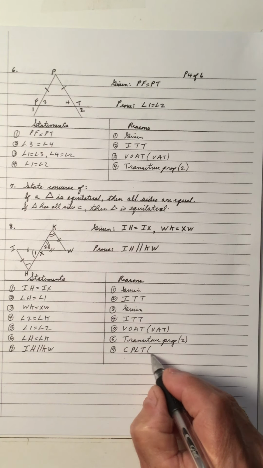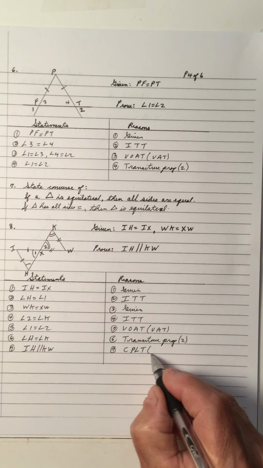So they're converse of PLT, so these two angles, H and K, are alternate interior angles equal. Again, this is the transversal, cutting these two lines. So since these two angles are equal, alternate interior lines are parallel. Okay, continue.